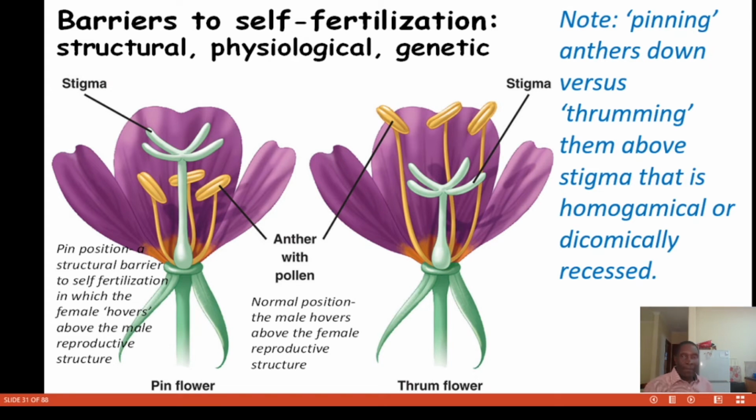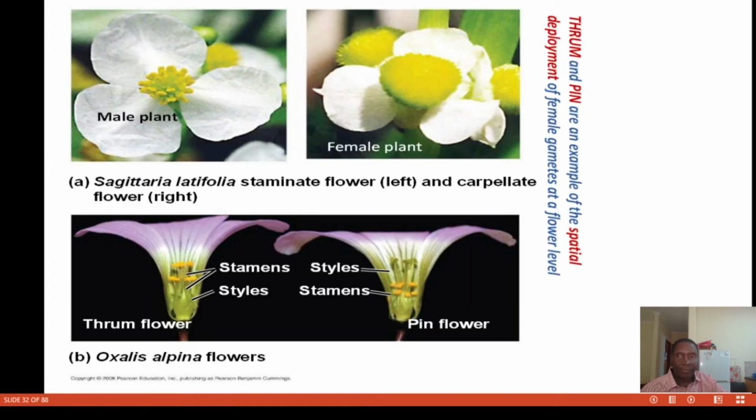So pin the anthers down and you have a pin flower. Thrum them above and you have the stigma recessed. I hope that helps to make that distinction.